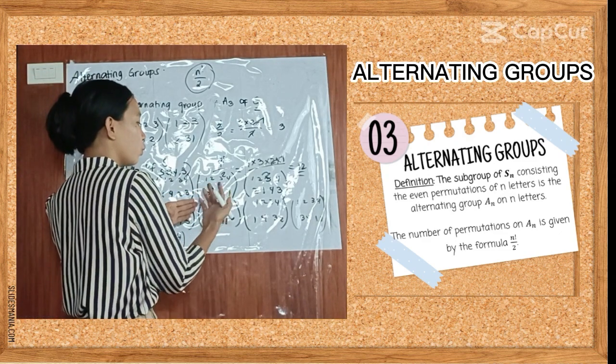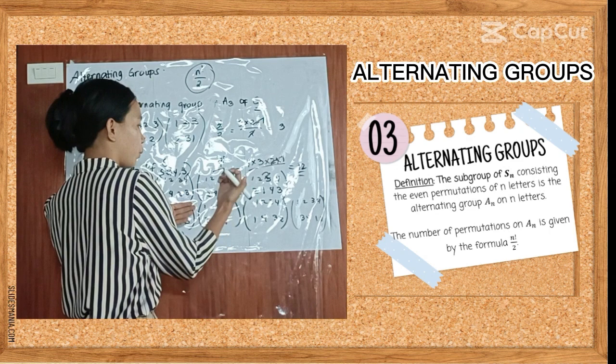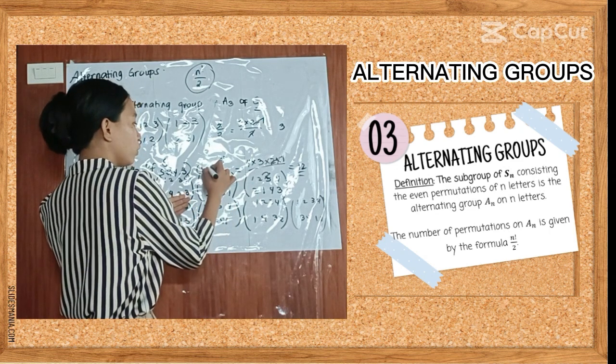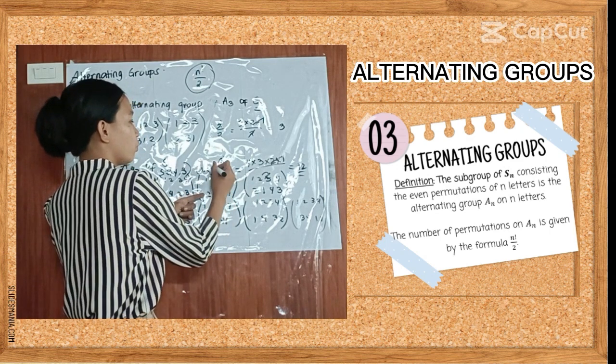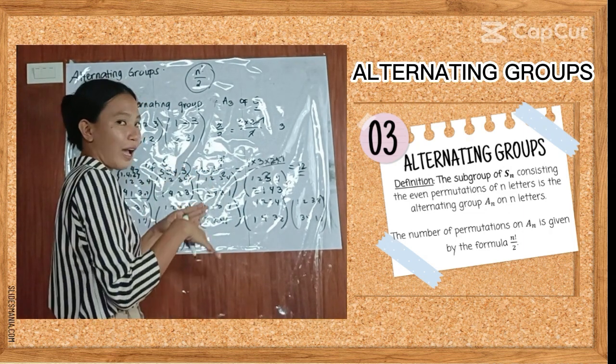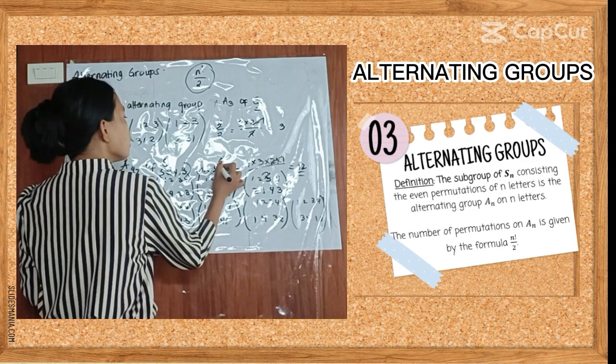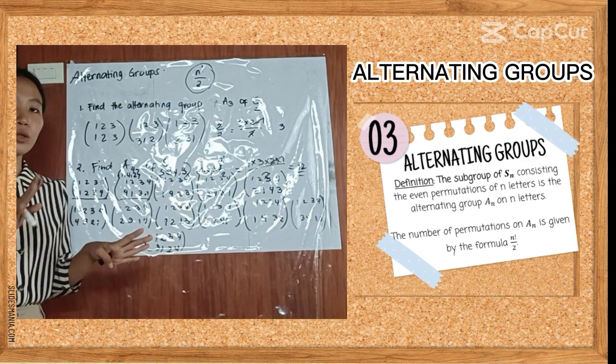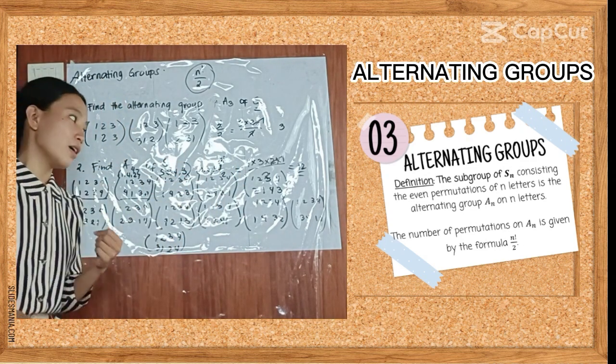Next, let's go to 1, 2, 2, 4, 3, 3, 4, 1. So we have 1, 2, 4, and we don't need to write the 3 because it is not part of a product of transpositions. So we have (1 2 4), or (1 2)(1 4), and that is even.